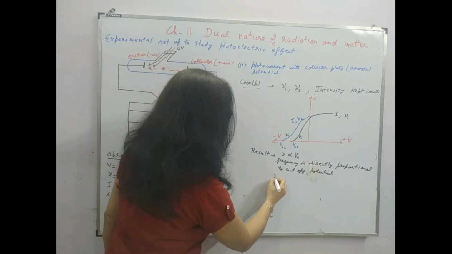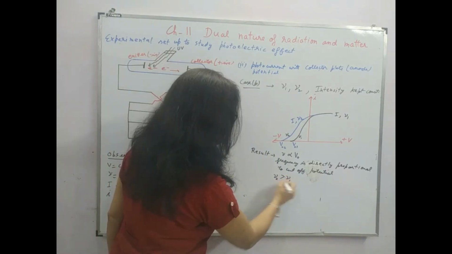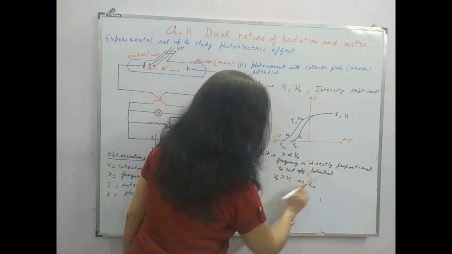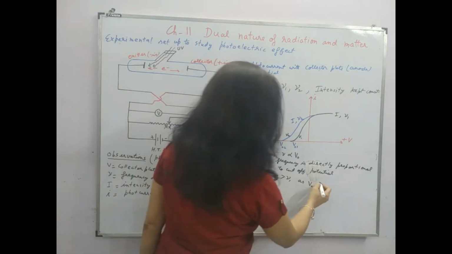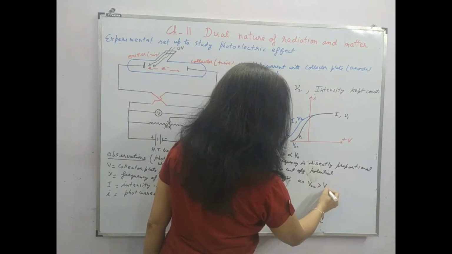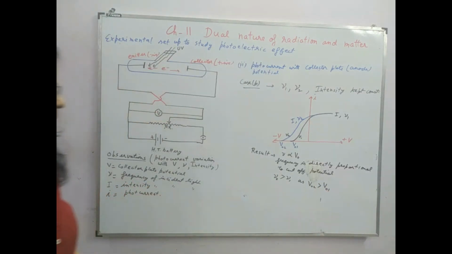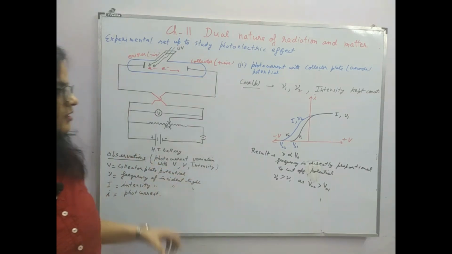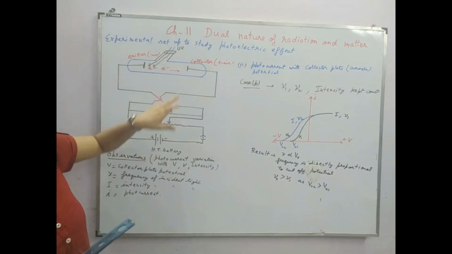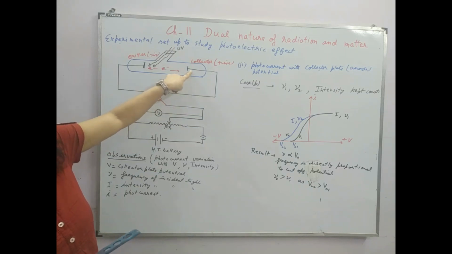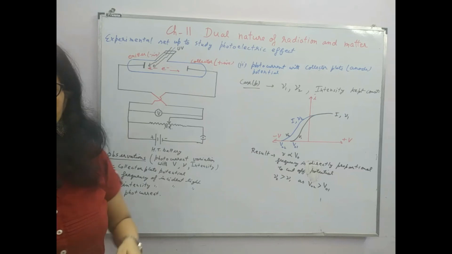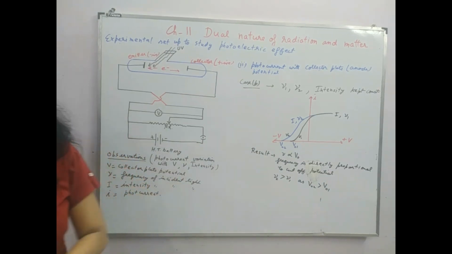So that means nu2 is greater in this graph as V0 for second case, that is cutoff potential for second frequency, is greater than cutoff potential for the first frequency. Right? And what is cutoff potential? We'll write the definition. It is the minimum negative potential which must be applied at collector plate to stop the electrons from being ejected. Right?